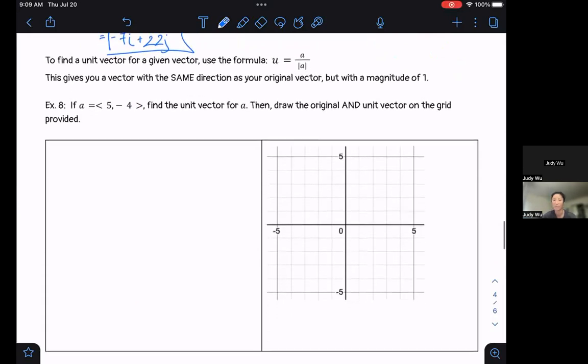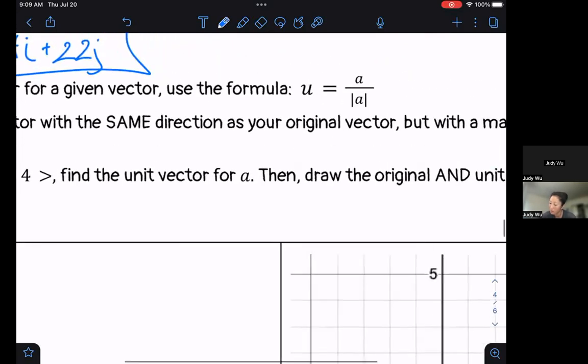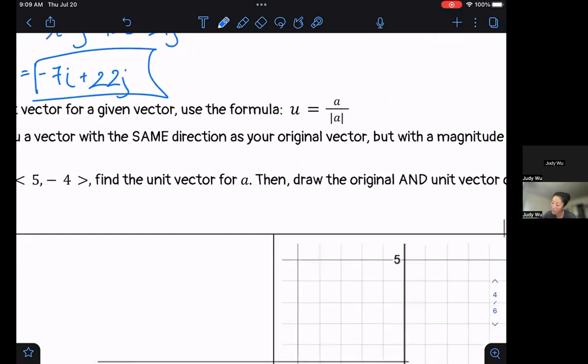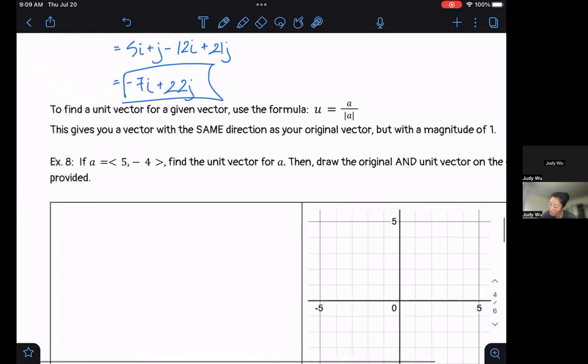Now, if we're actually trying to find a unit vector, we just use the following formula. We take a vector and we divide it by its magnitude. What you end up with is a vector that's in the same direction as your original vector, but it has a magnitude of 1.